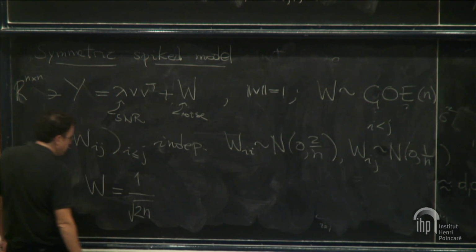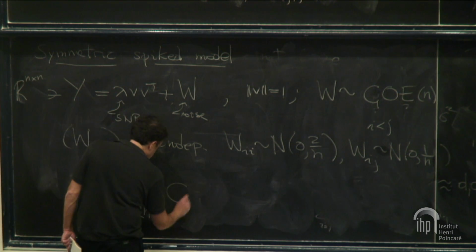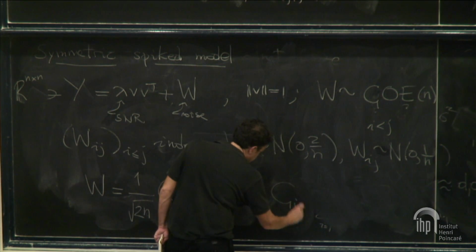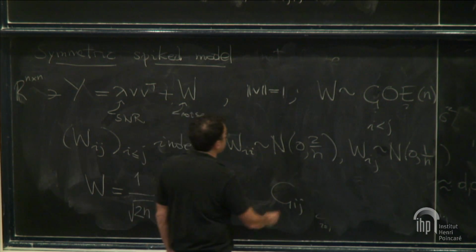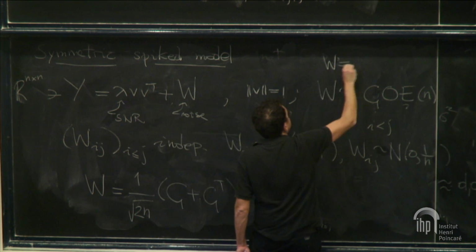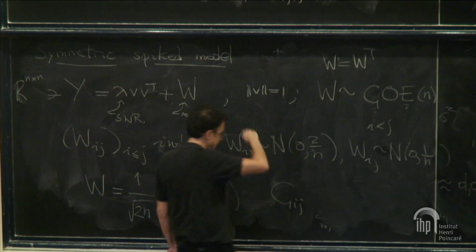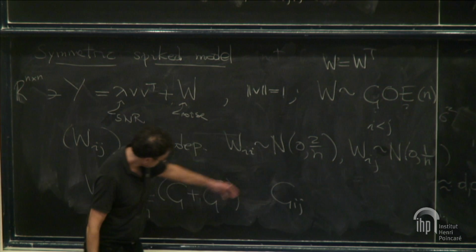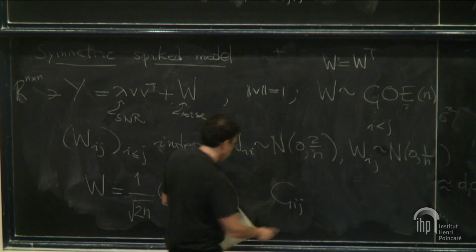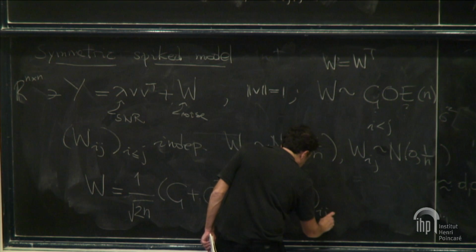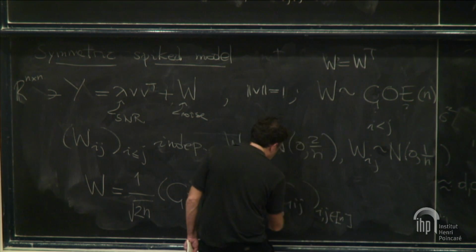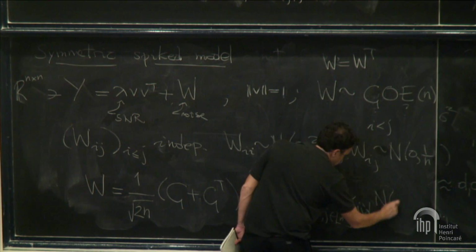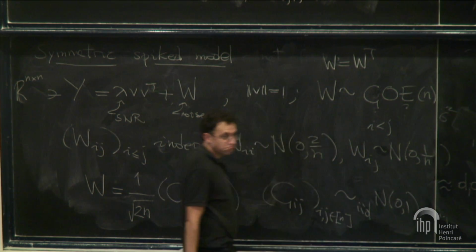You can write this as 1 over square root of 2n times G plus G transpose, where now G is a symmetric matrix, I should tell. So you fill the entries above the diagonal and the entries below are completely determined. So Gij, for i, j in n, are now all IID normal 0, 1.